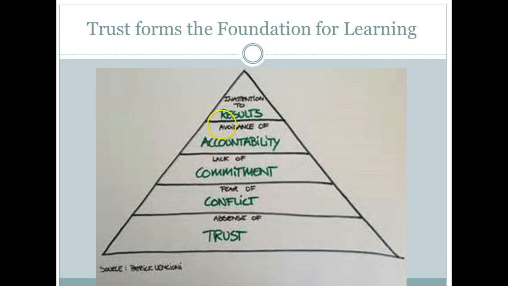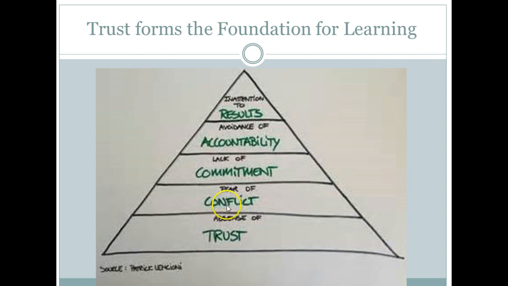And if people don't get their ideas out, they're not going to be able to buy in and make a commitment. And we need to make a commitment in order to be held accountable to a commitment. And then we can't measure our results if we haven't done all of these steps.